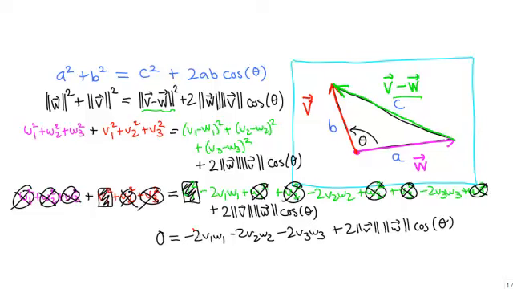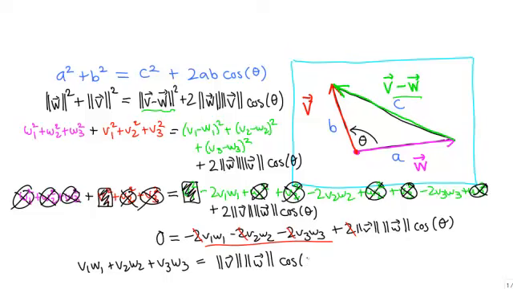We could divide everything through by a 2, which just means we get rid of these coefficients, and move these three terms over to the left, and we'll be left with the following equation. v1w1 plus v2w2 plus v3w3 is equal to the length of v times the length of w times the cosine of the angle between them. And believe it or not, this formula here is what we're looking for.